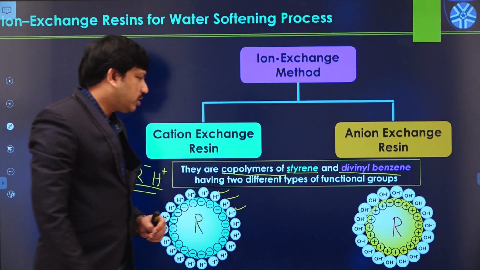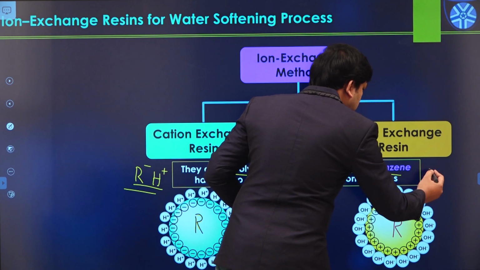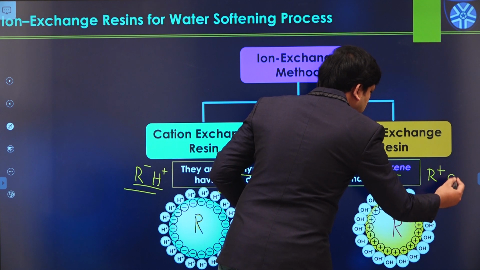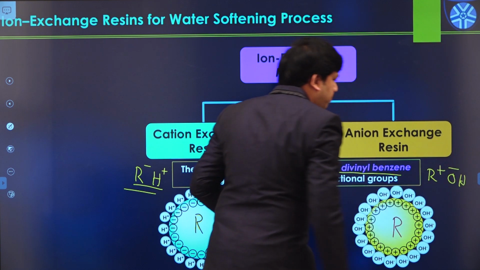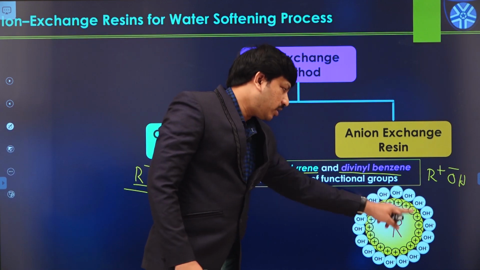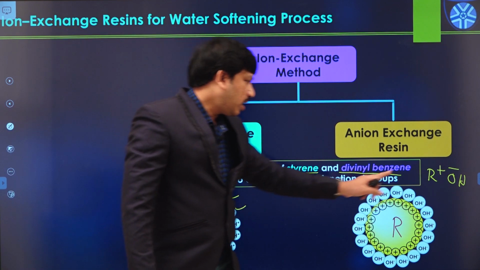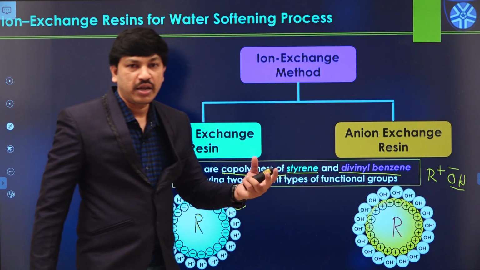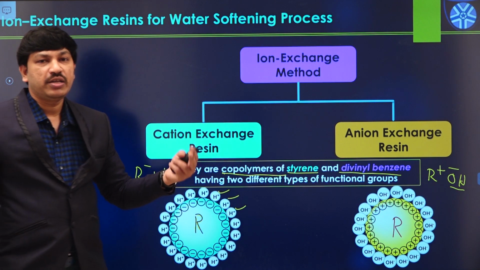So how to represent anion exchange resin? R plus OH minus. R plus indicates the resin substance, and OH minus is the corresponding anion that can be replaced with any other anion.